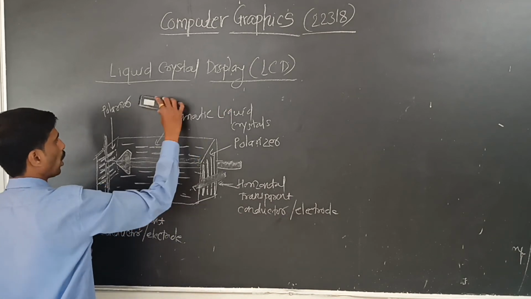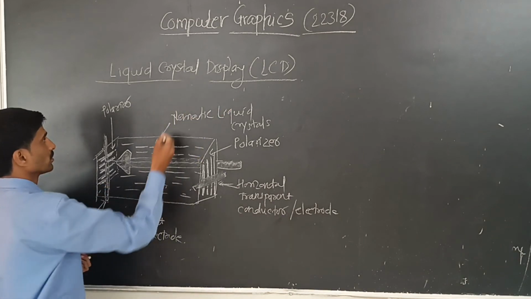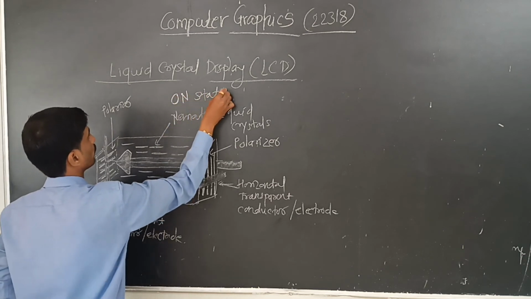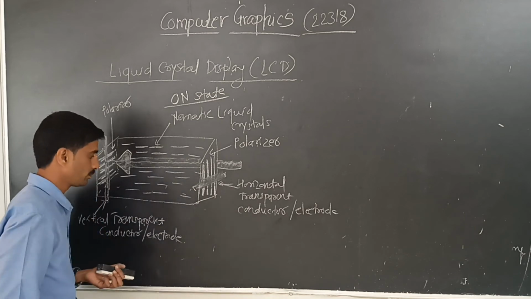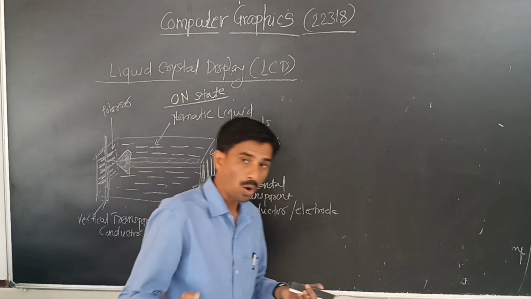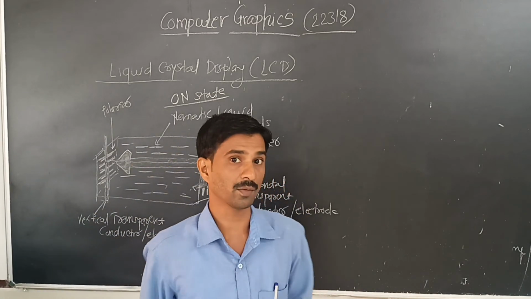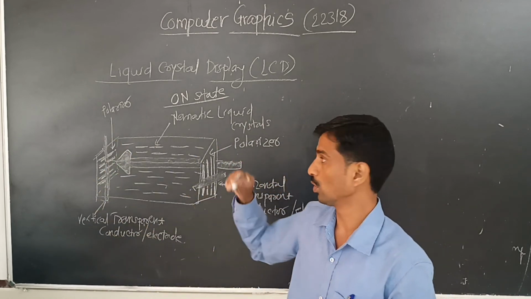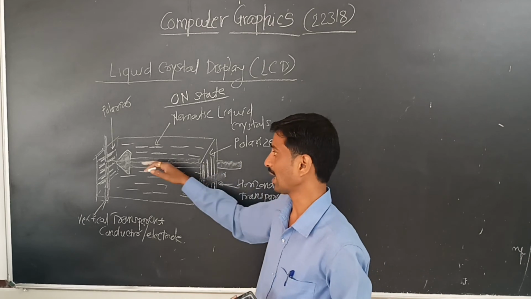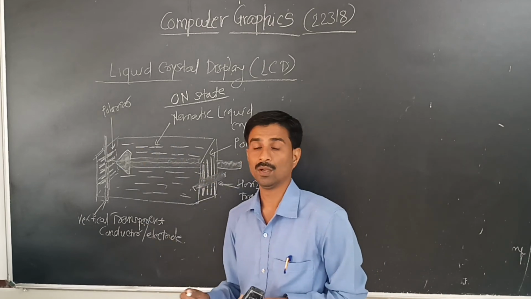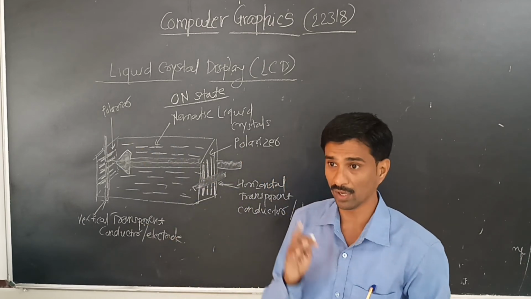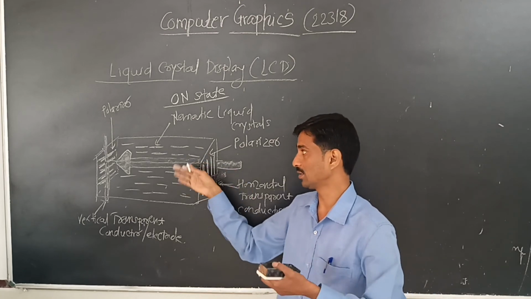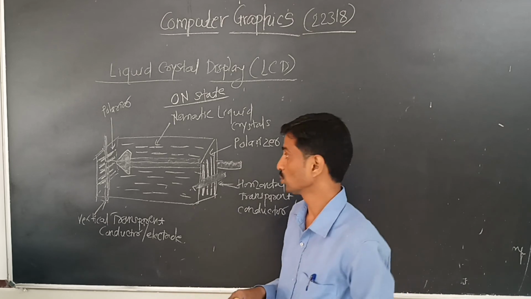In the on state, on state means what? On state means the light is passing. The polarizing filter allows the light to pass, but that is possible when the direction of that light is changed.